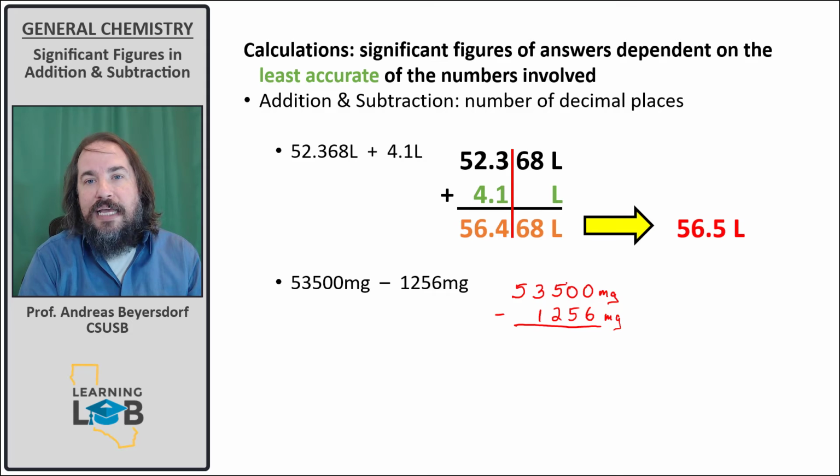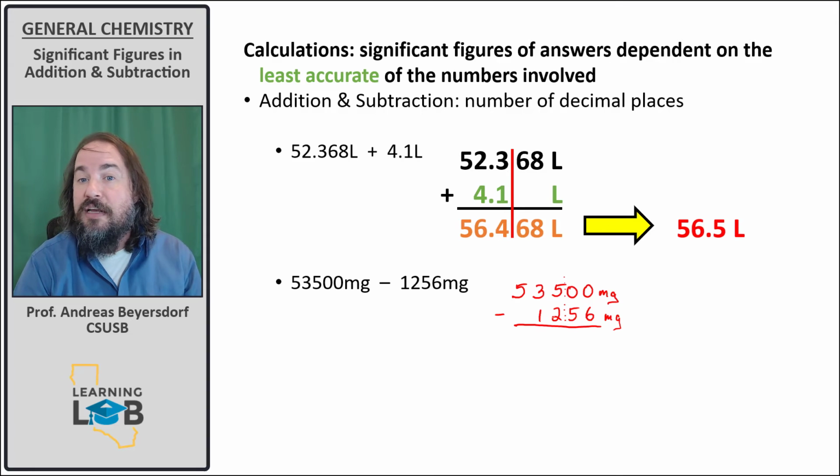Well, I can see that the 53,500 doesn't have anything in the tens or the ones. It just has zeros. Whereas the 1,256 has digits that are significant all the way down to the ones.